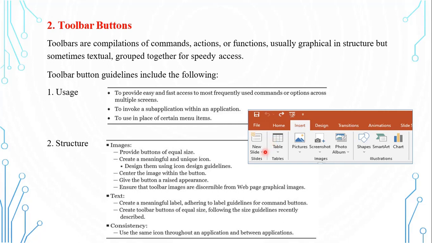After closing, if you open the same PPT again, the icons should be presented in the same location. You should not change the location. Consistency should be maintained when the icons are presented on the screen.